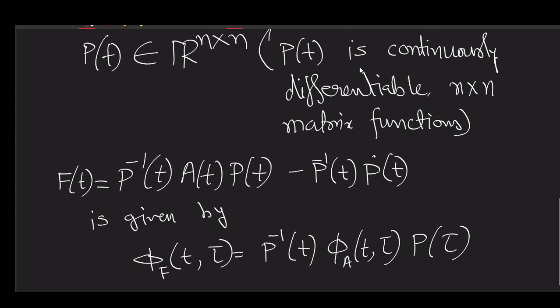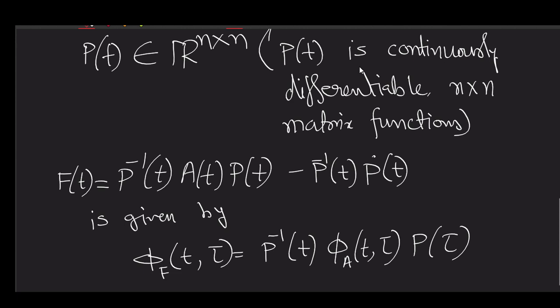Now why is this very important? If we can do it, then what is the advantage? I may wish to convert it into diagonal form. If A is diagonal, then we have observed that your state transition matrix will only contain diagonal terms, and it would become very easy.